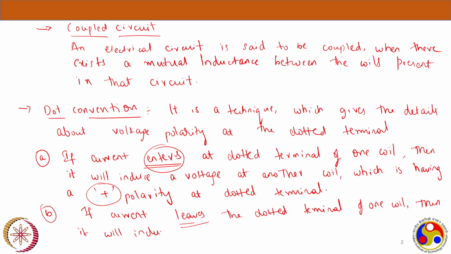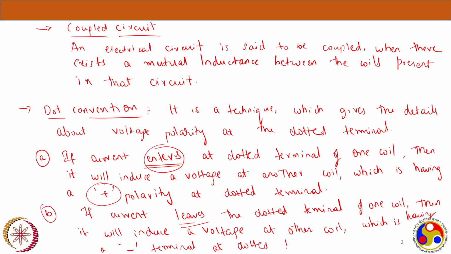Then it will induce a voltage at another coil which is having a negative terminal at the dotted terminal. Now you have to keep this one in mind.